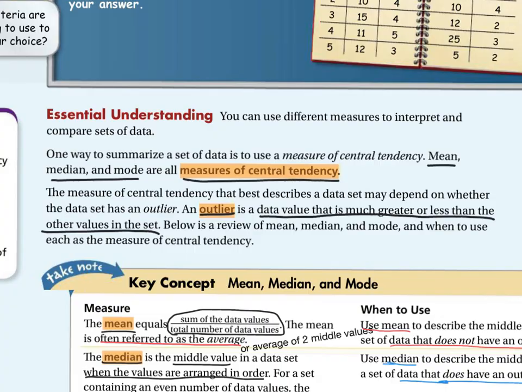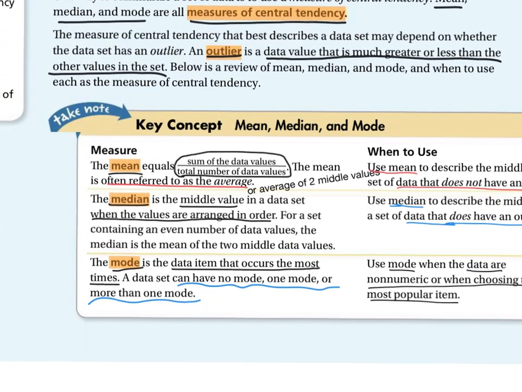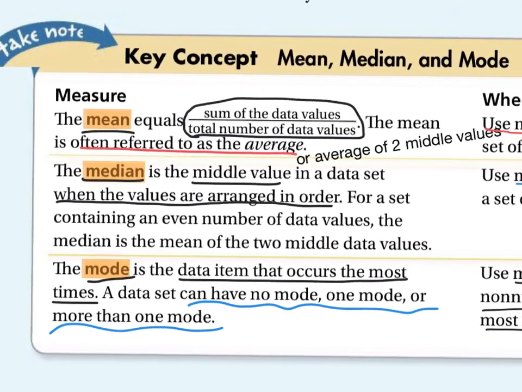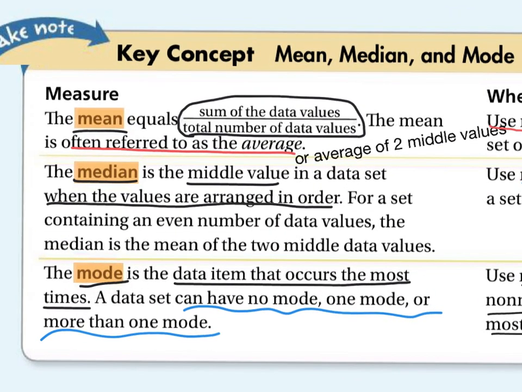Just to review how we find these measures of central tendency, the mean is sometimes called the average. To find the mean, we're going to add all the numbers together and then divide by how many numbers there are. So add all the numbers together, and then let's say you have 10 numbers, you divide by 10, and that's your mean.